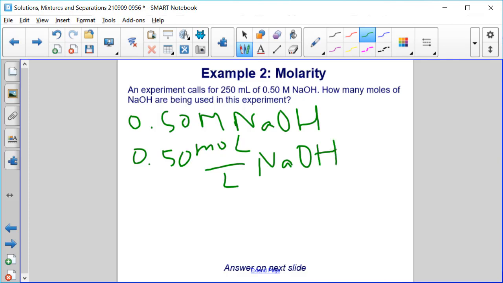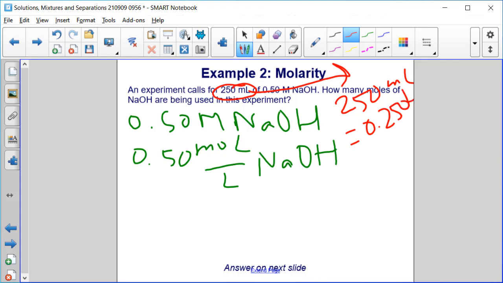Okay, and then we're told that we have 250 milliliters. So just as an aside, 250 milliliters is 0.250 liters. There's some more detail on the next slide of that conversion if you've forgotten it, right?